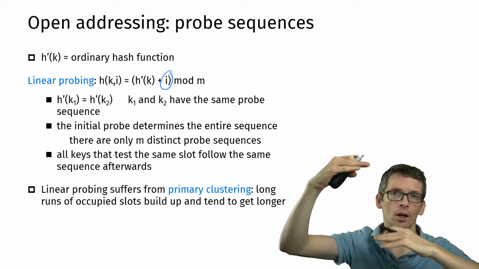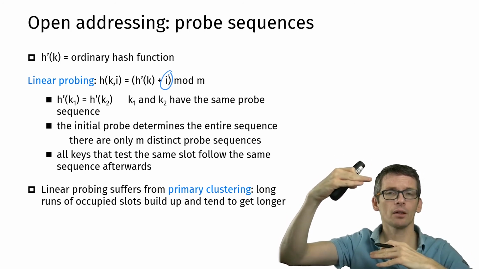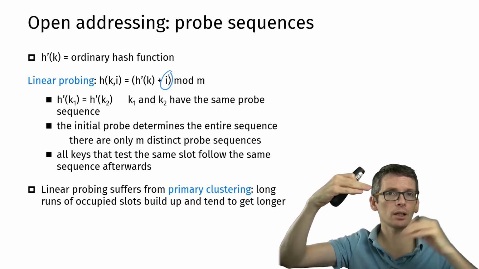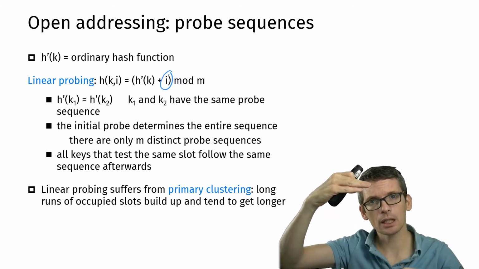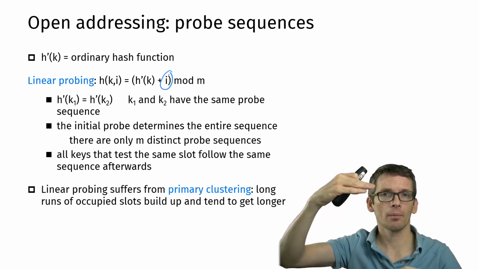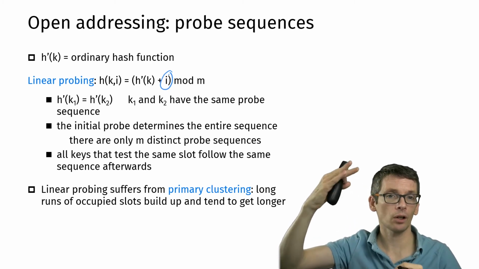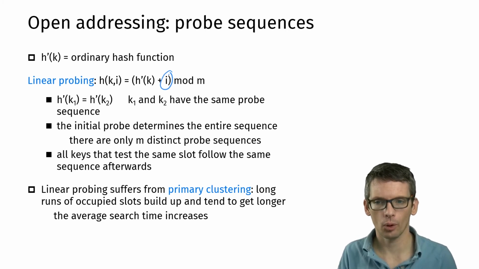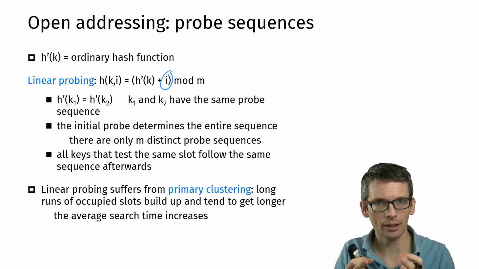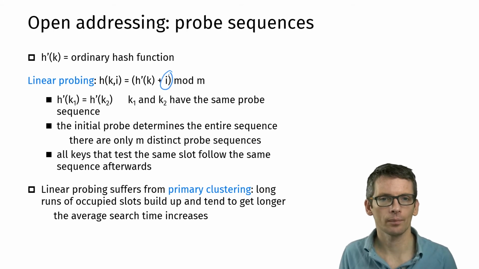So if you have a big block taken, then with a sufficiently high probability, a new element will actually hash to that block, and then it will simply make it one longer, and the next one one longer, and so on. So that is primary clustering, and that's a problem that you have with linear probing. So the average search time, if you get these clusters, increases.